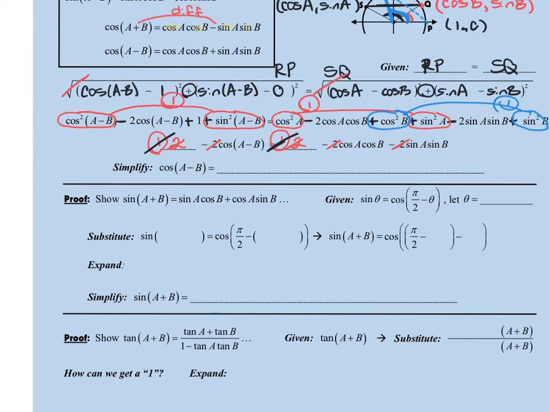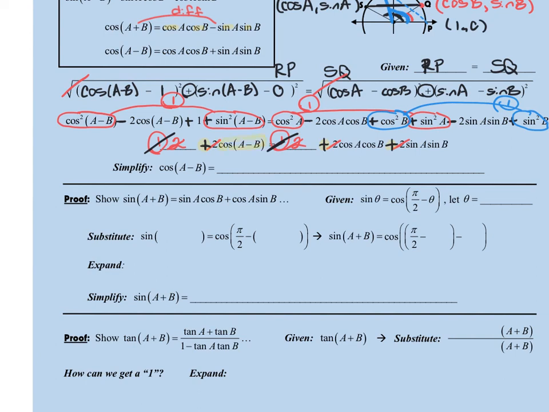Lastly, I want to call my attention to the fact that I have a minus still, and a minus, and a minus. Since all of those are negative, I am going to go ahead and imagine that I have multiplied through by a negative 1, thus flipping the sign of all of these negatives to positives. Now I'm down to my final answer.